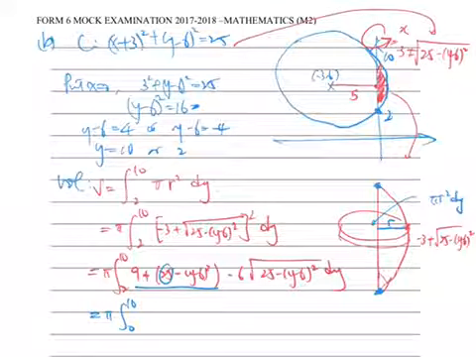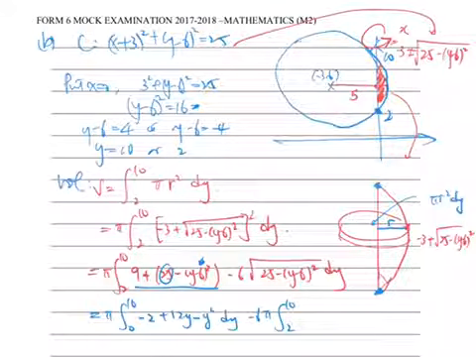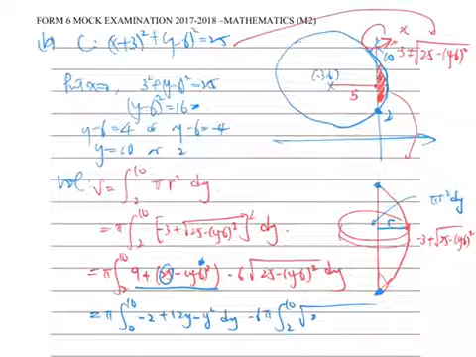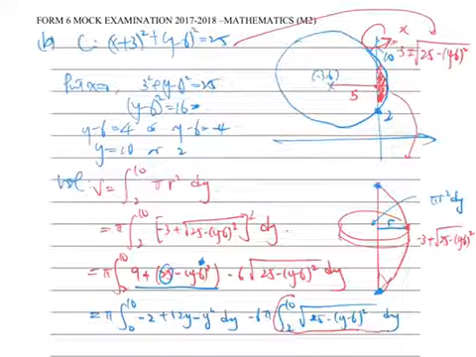Now 25 minus the 36, the 6 squared, and then plus 9, you get minus 2. And then plus 12y, and then minus y squared. Then this one will be with respect to y. And for the second part, we take out the minus 6 pi, and then integrate 2 to 10 root of 25 minus (y minus 6) all squared dy. And you will see that this part is exactly the same as part A.